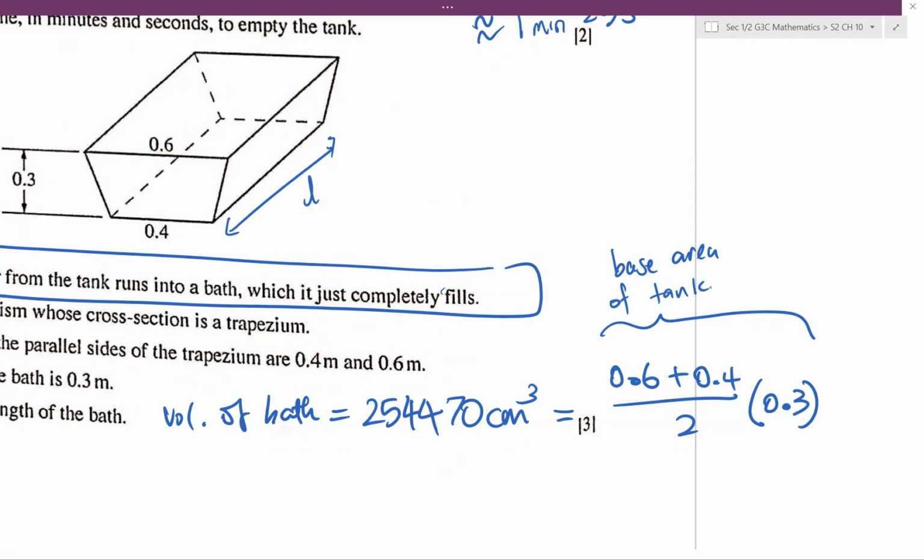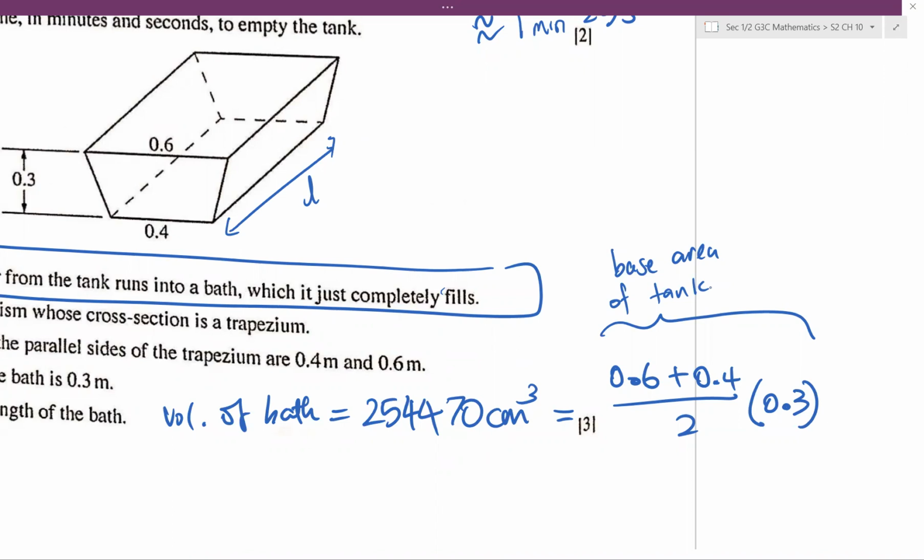Times what? Yes, but although we are finding the length, we are trying to write an expression for the volume. Times what? Length. Okay, what is length over here? Do we know? We don't know.